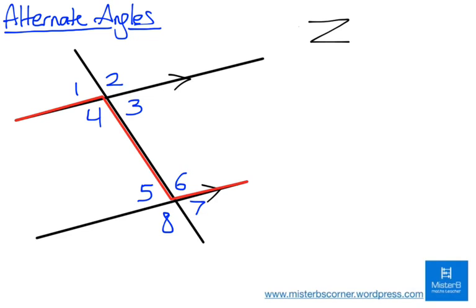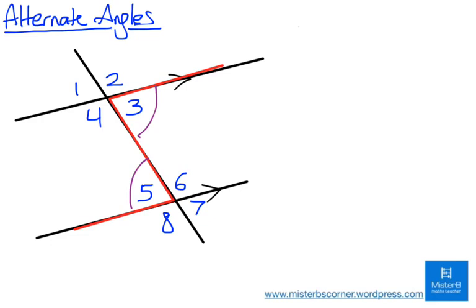But the reason we use the Z shape is that the angles in between the Z are alternate angles. You can also apply this to this side. So you can have Z backwards, but it doesn't matter because all I'm looking for is the angles in between. So 3 and 5 are also alternate angles.